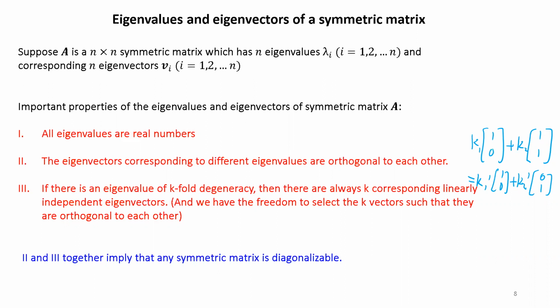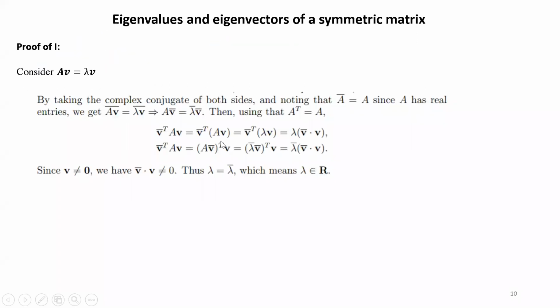Not only that, n orthogonal eigenvectors, but linear independence is enough. Whenever you have n linearly independent eigenvectors, as I mentioned before, the matrix can be diagonalized. That means a symmetric matrix can always be diagonalized.